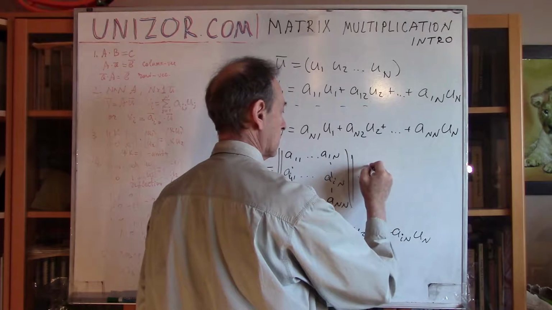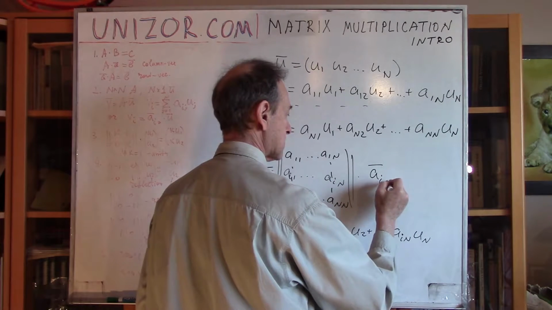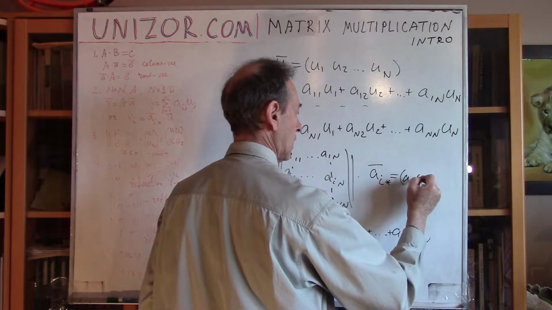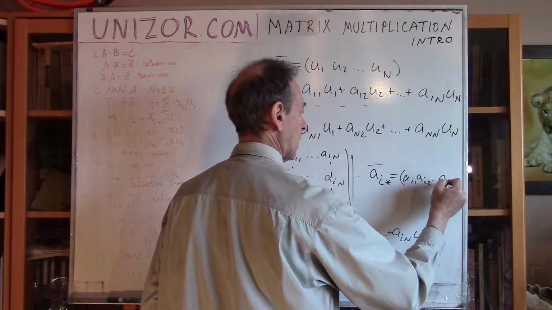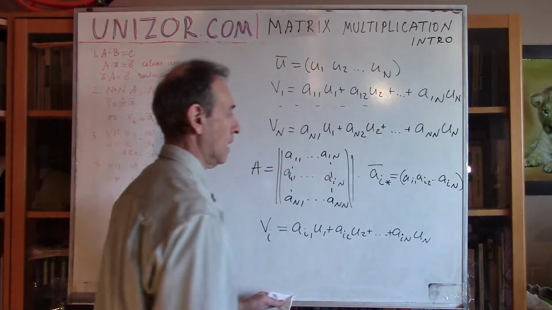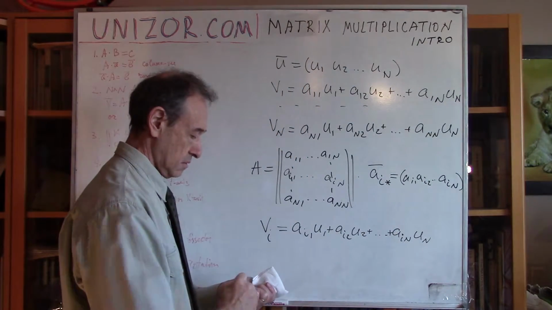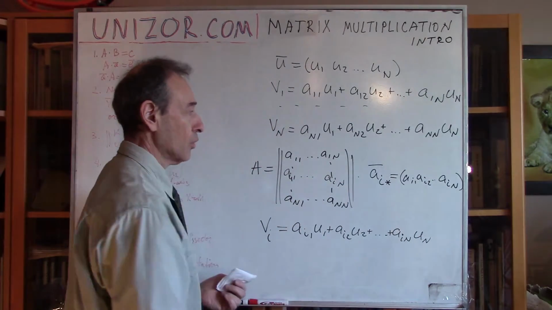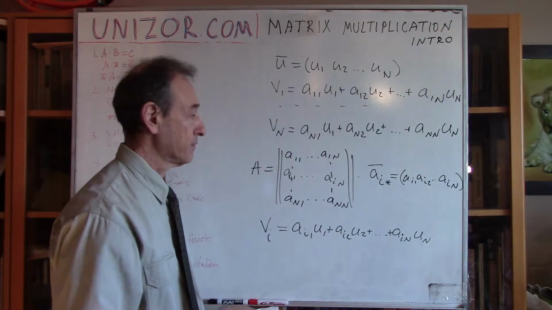So I will specify it this way: A_i star. It's a_i1, a_i2, etc., a_in. Now, this is an ordered set of numbers, and I can always consider it as a row vector.